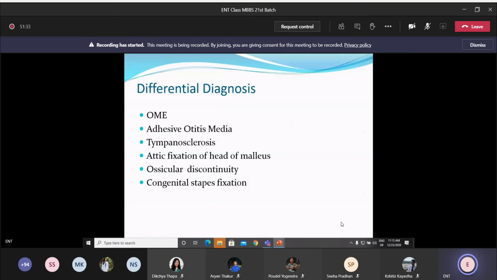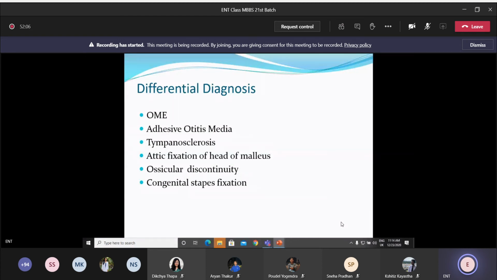Ossicular discontinuity and congenital stapes fixation can also be there. So these are the differential diagnoses. Congenital stapes fixation and attic fixation of the head of the malleus are seen when you do a tympanotomy, when you lift up the tympanic membrane and look into the middle ear, and only then can you diagnose it. Otherwise it would give you a similar picture to otosclerosis.